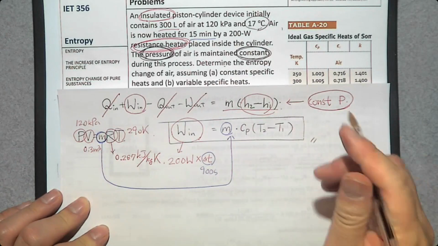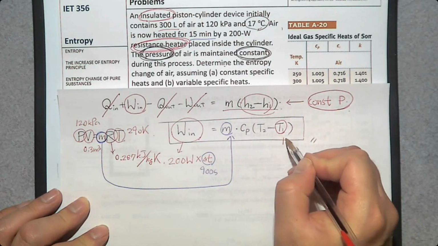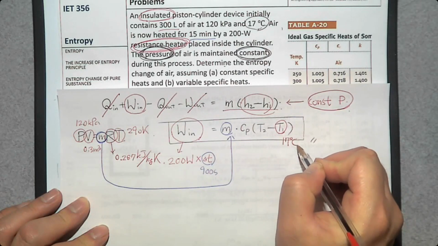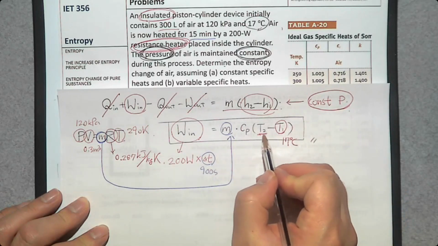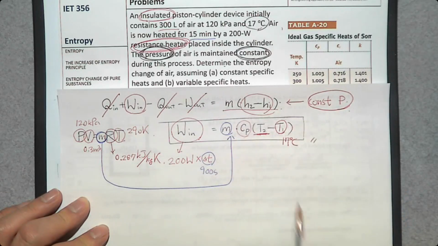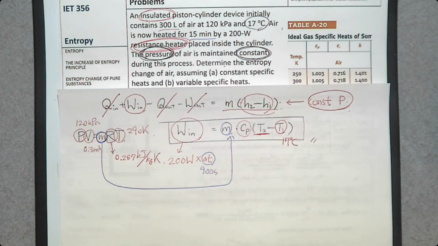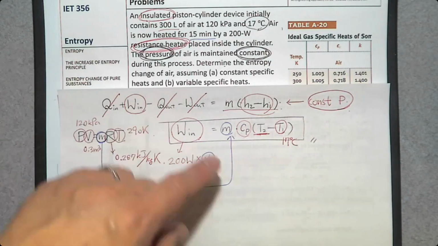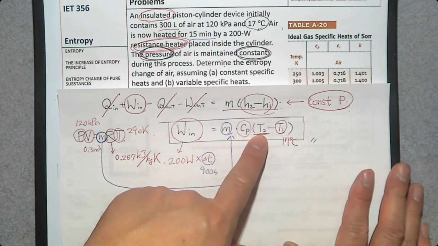Then what is the initial temperature? 17 degrees Celsius. So we want to determine T2. If you know Cv, you get T2. Okay, so if we get Cp, we get T2.